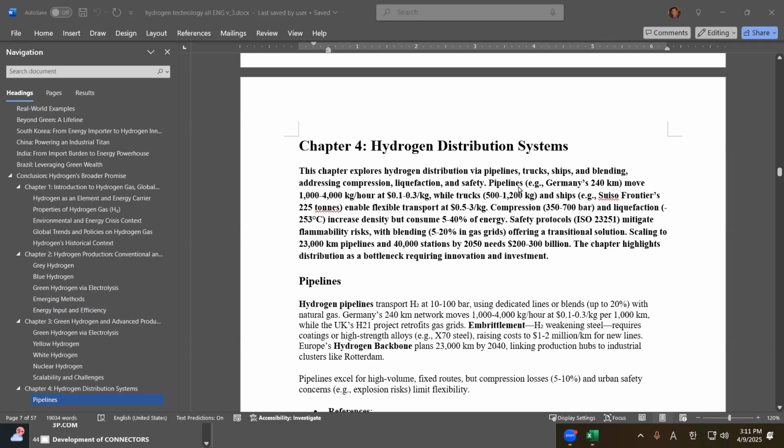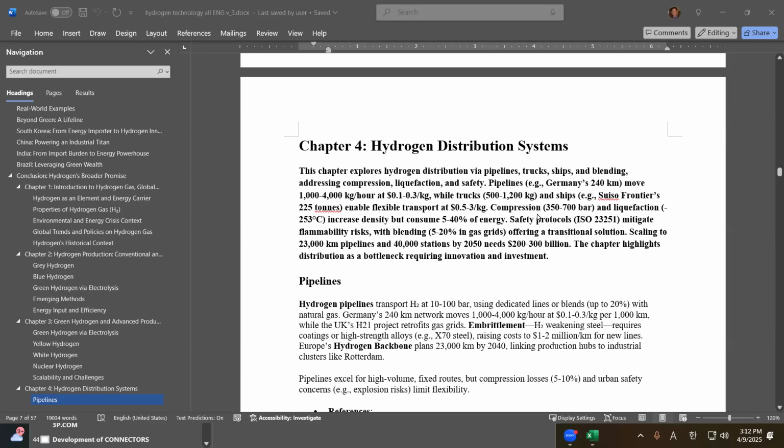Pipelines actually move 1,000 to 4,000 kilos per hour at a cost of $0.1 to $0.3 per kilo in Germany, while trucks and ships enable flexible transport at a cost of $0.5 to $3 per kilo.